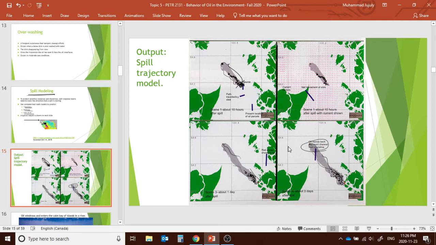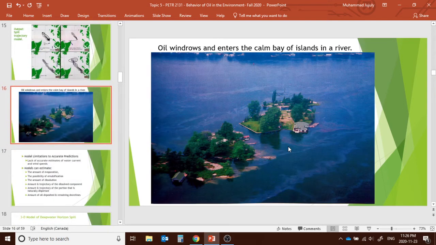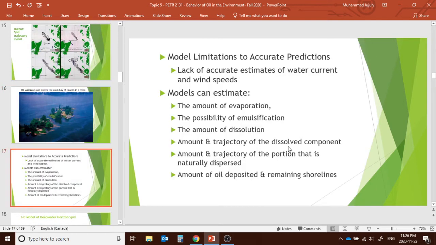We'll actually do these types of modeling in our project work, so you'll get a better understanding when we're at the live session and see how this modeling can be done. Now, the limitations of this model are definitely the lack of accurate estimation of water current and wind speed. Another limitation of the model is sometimes the physics. There could be other factors involved that we might overlook, so that could limit our model.